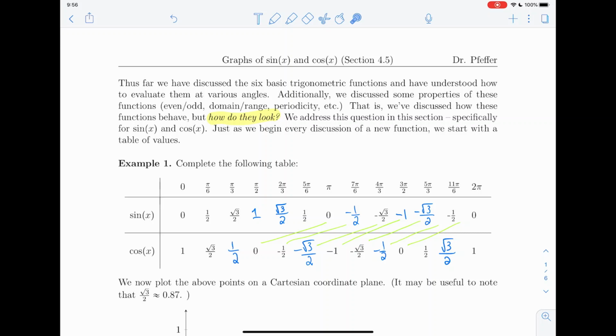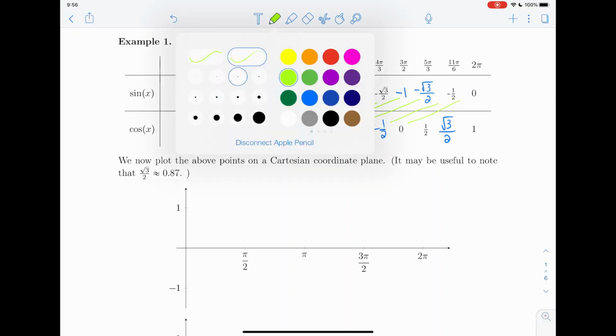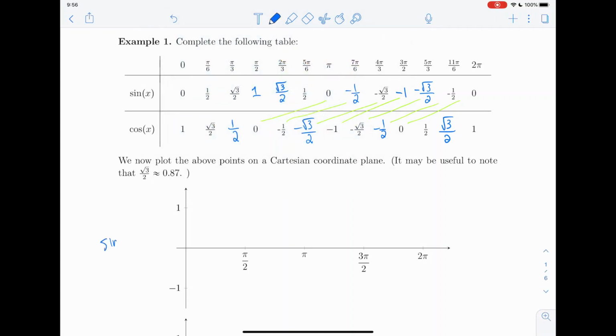So what we're going to do now is plot some of these values on a Cartesian coordinate plane, and we're going to play connect the dots. So for the first graph we have up here, we're going to graph our sine function. And just like every other graph we've built in this class, there's a couple of what I might call key points that we want to make sure we draw. Those are going to be the quadrantal points.